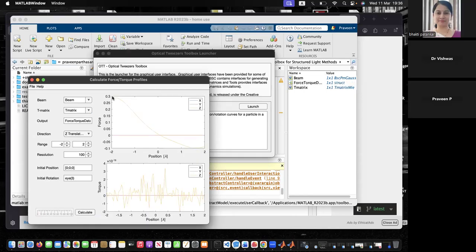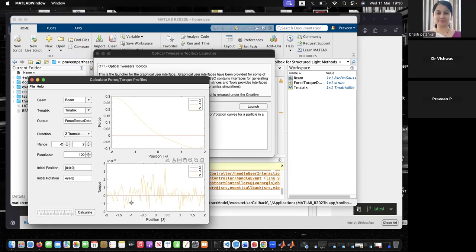And this is my force profile. Okay, so it's giving me, I don't know if it is visible here. So the Z force is actually going negative as the bead is moved along positive Z direction. Similarly, if the bead is moved along the negative Z direction, this is positive, which means it is trying to always pull the bead towards the center, or towards the focal spot.